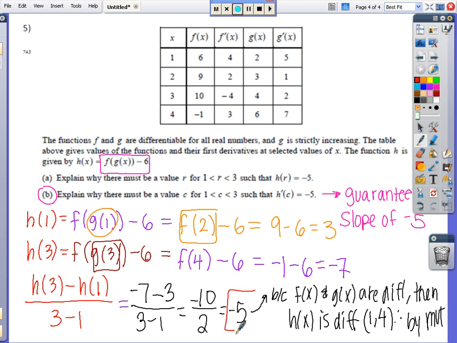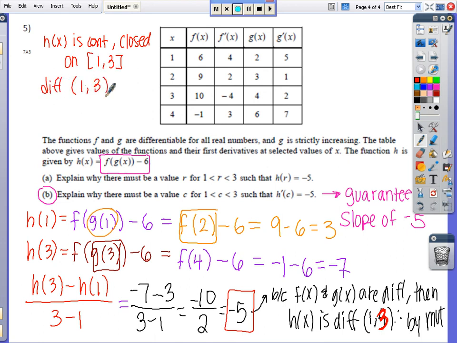And that actually should have been a 3 here. We know that at 1 and at 3 the points exist because it is differentiable, which means also continuous. So the reasoning I would say here is that h of x is continuous, closed on 1 to 3, and differentiable on the open interval 1 to 3 because of the composition, because f of x and g of x are differentiable.